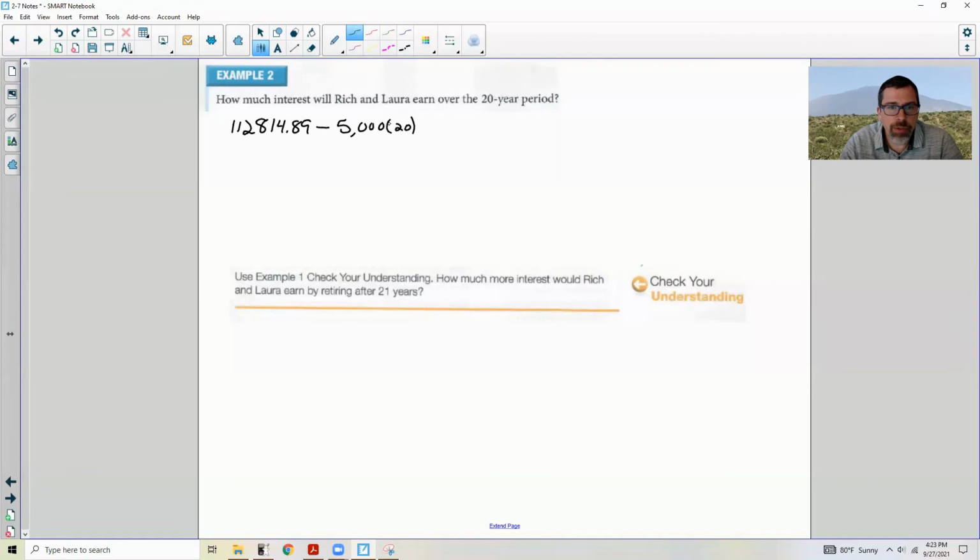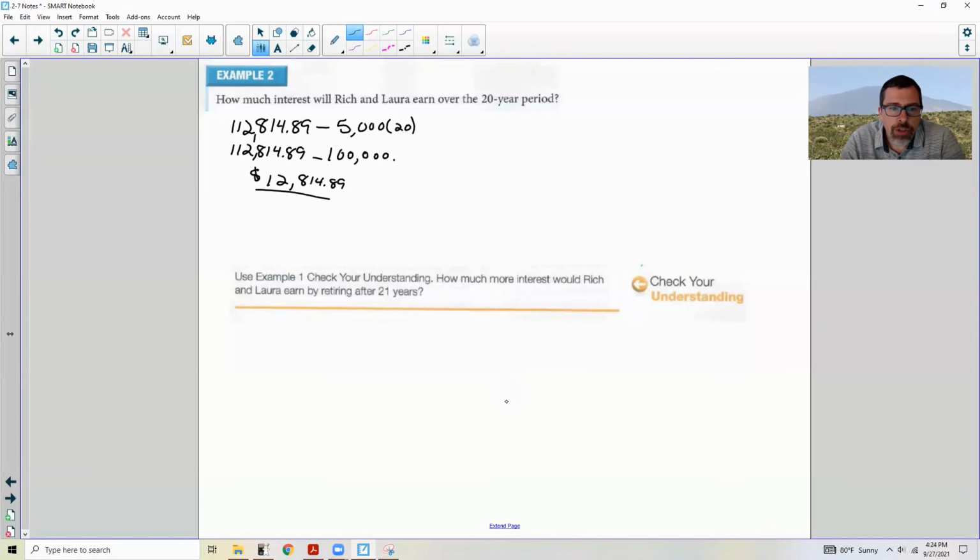Remember, they put 5,000 in every year. So that's going to be $112,814.89 minus 5,000 times 20, which is $100,000. So the difference is just going to be $12,814.89. Okay. And that's how much interest they earned.